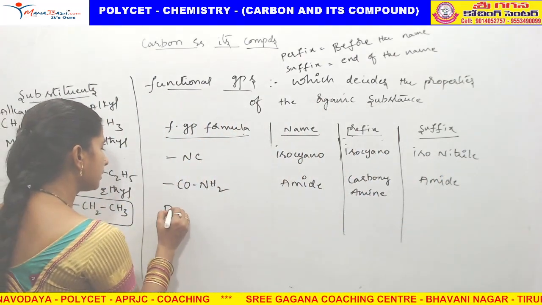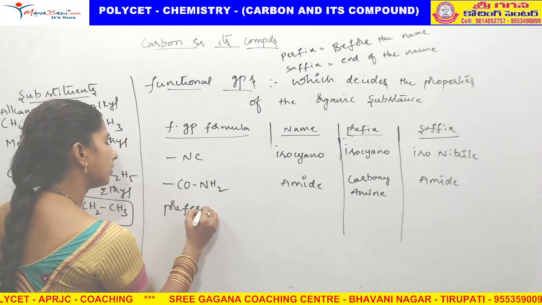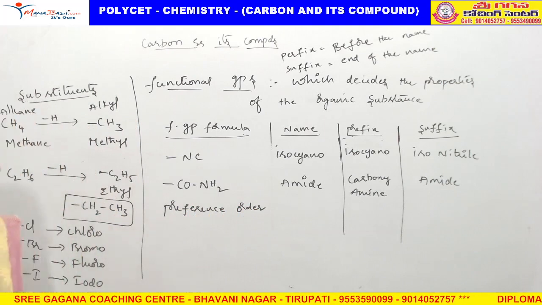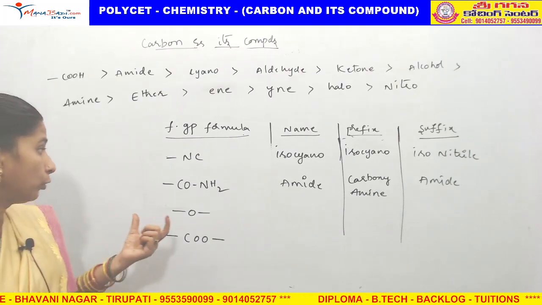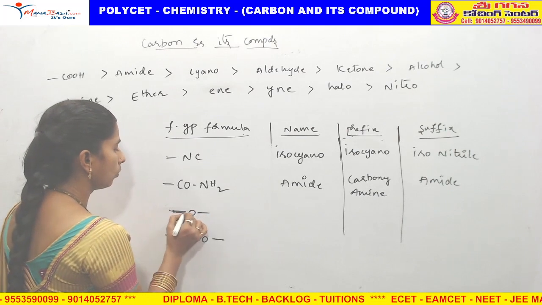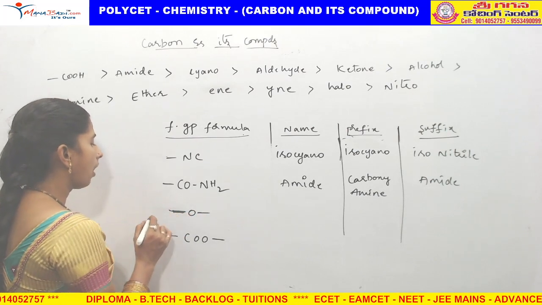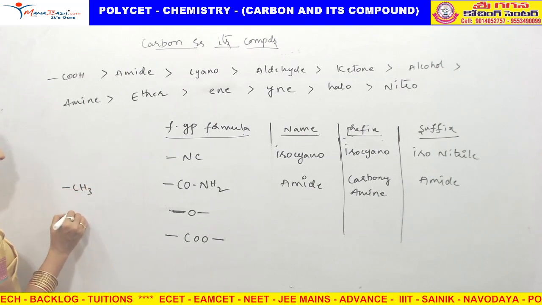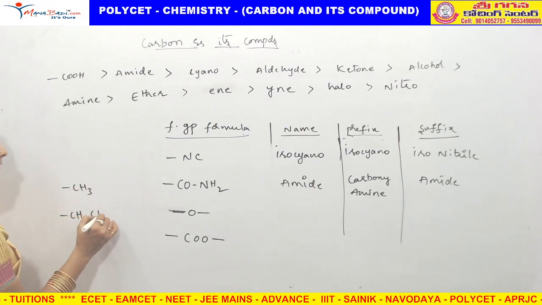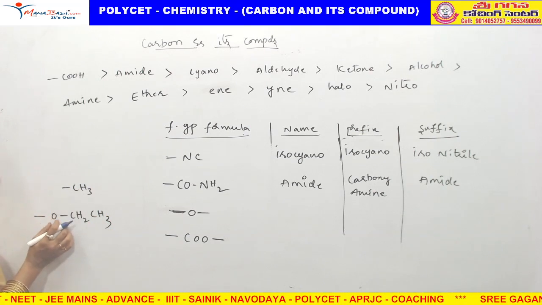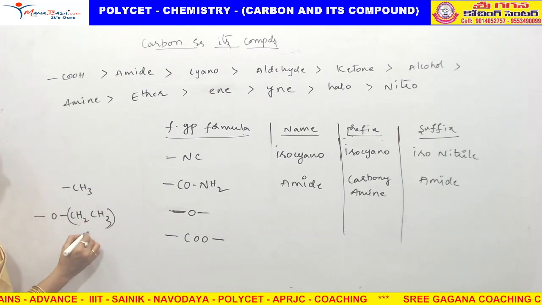And the preference order. And two more functional groups are there. Here O means an alkyl group. I already told you CH3 or CH2CH3. Whatever group we add to the functional group is called an alkyl group.